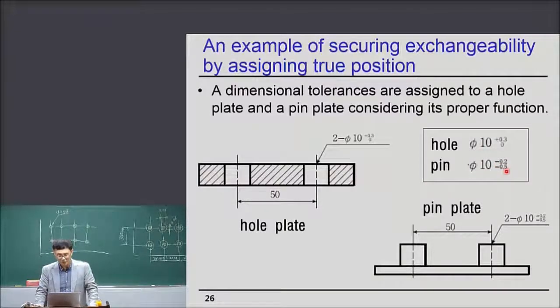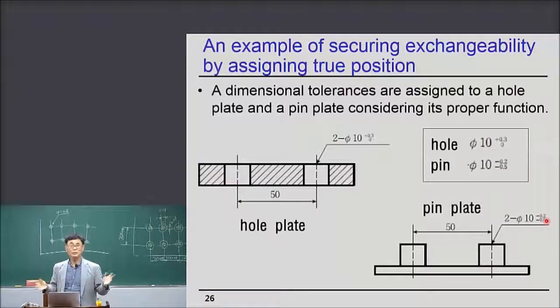Now, if you assign the hole plate and pin plate dimensional tolerances like this, like your homework, the pin is smaller and the hole is relatively large. Now, you can assemble the hole plate and pin plate randomly.